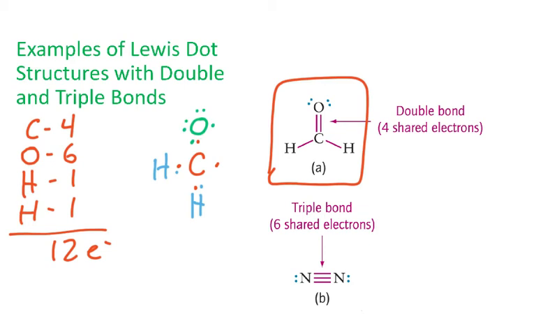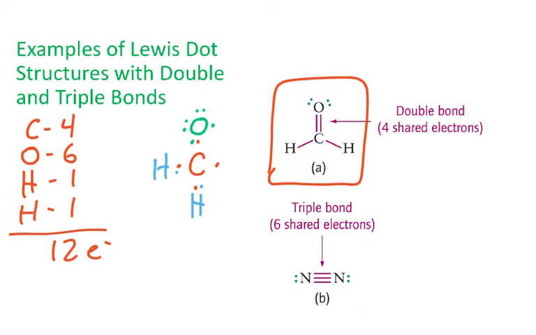But at this point, how many electrons are around carbon? 1, 2, 3, 4, 5, 6, 7. And oxygen has 1, 2, 3, 4, 5, 6, 7. So they each need 1 more.